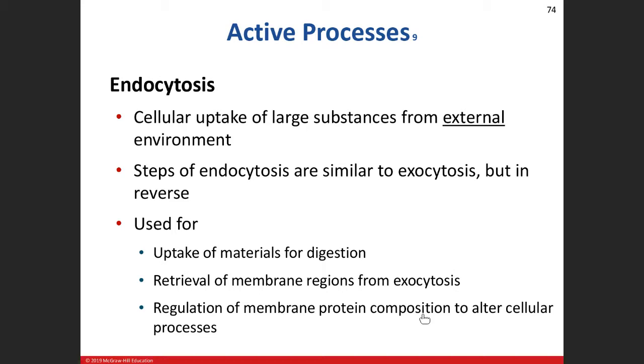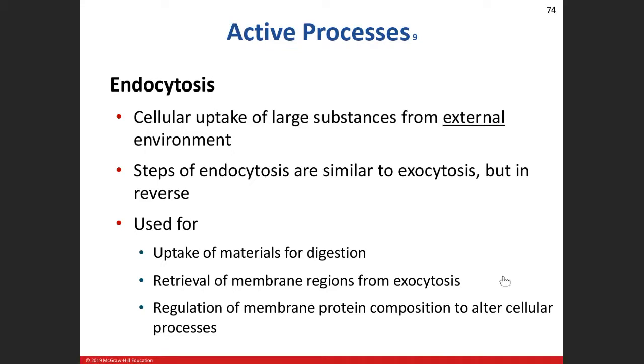The cell is going to form, and I'll show you a picture here in a second, these pseudopod-like structures and kind of wrap itself around whatever that substance is and draw it inside. If you've ever seen an amoeba, a single-celled organism, do its thing, it's very similar. In fact, that's how amoebas get a lot of their nutrients, through that process.